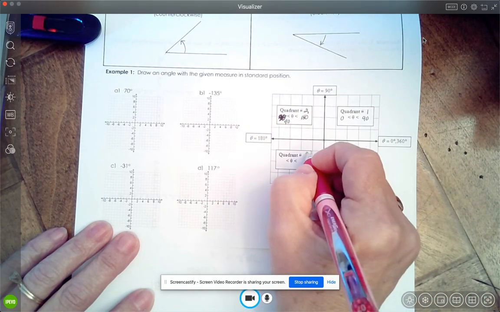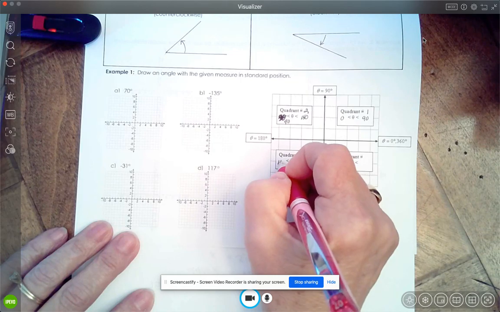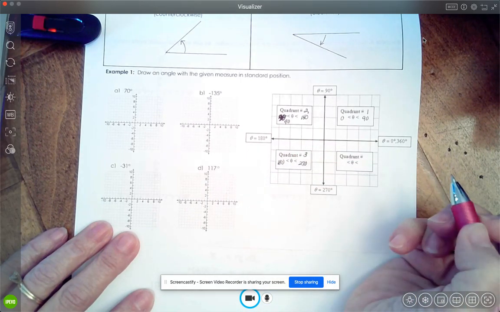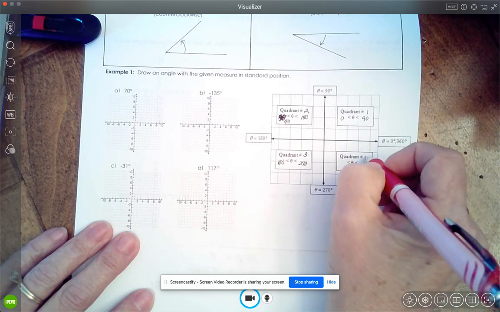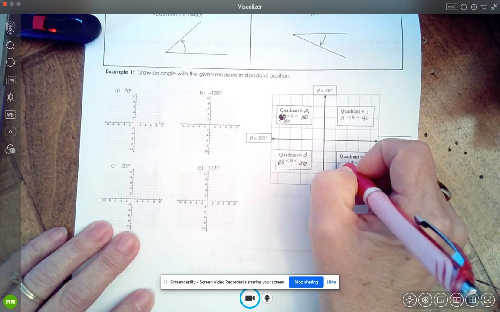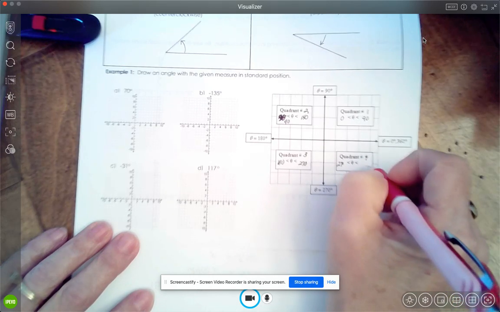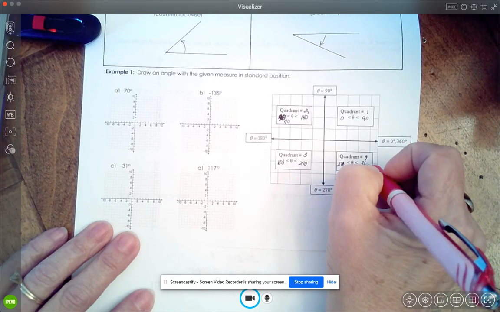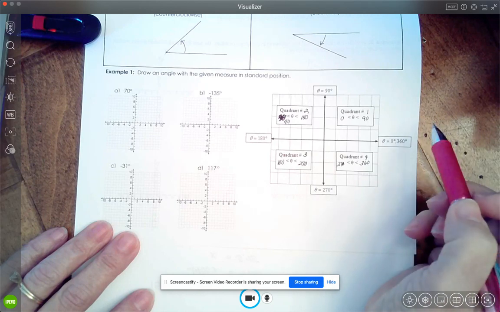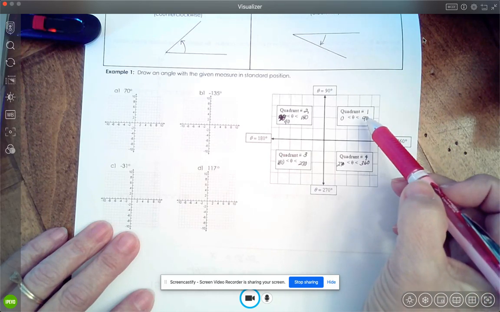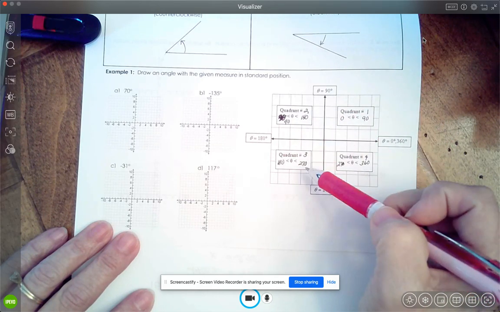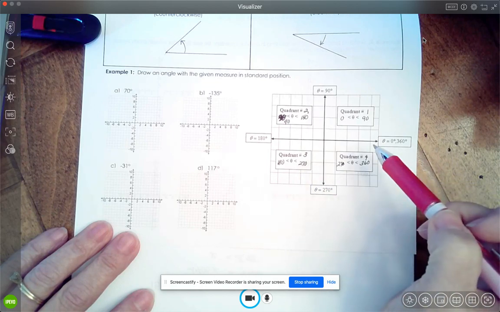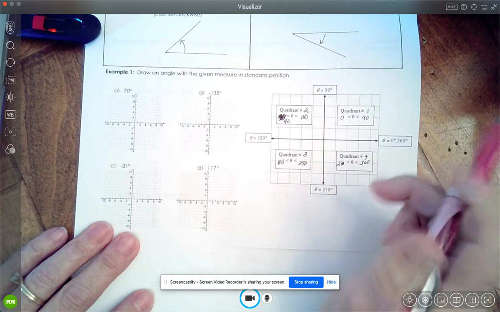Quadrant 3 is between 180 and 270 degrees. And then quadrant 4 is between 270 and 360 degrees. So these are our 4 quadrants, and these are the positions in which they lie.